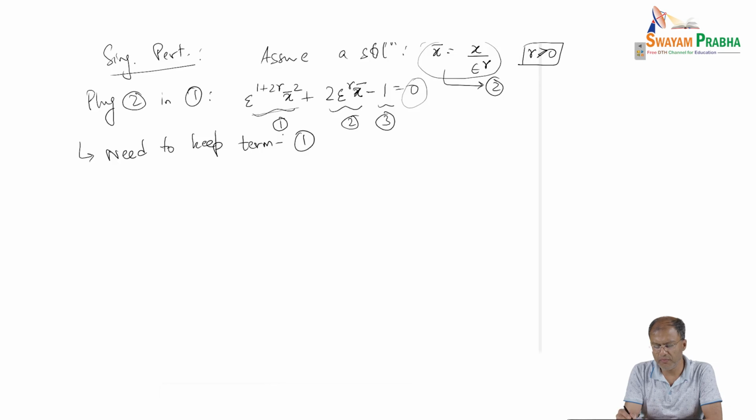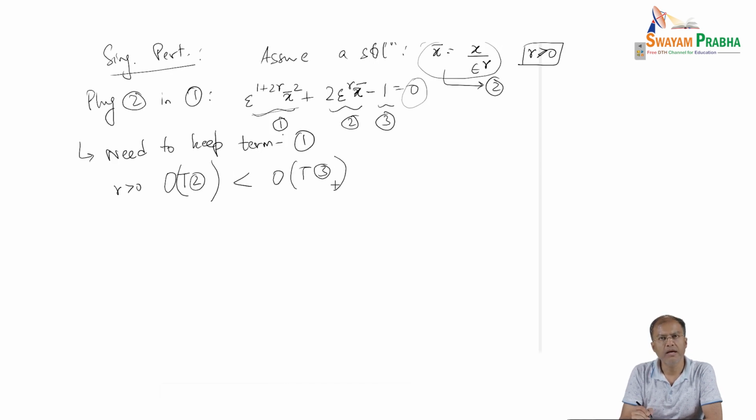So if we keep term 1, it has to be balanced and cancelled with either term number 2 or term number 3, right? Now notice that since gamma is greater than 0, the order of term 2 is less than the order of term 3.